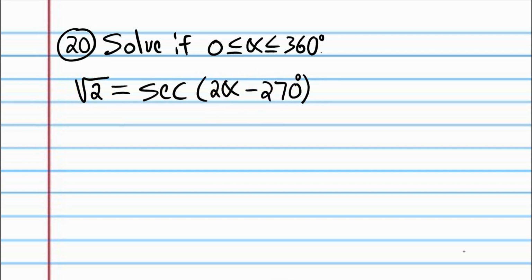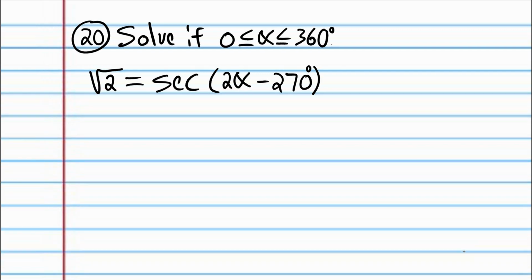So there's a possibility you may miss some solutions if you don't consider the negative angles you can plug into the secant function to give you root 2. When you look at your axes and your reference triangles, you need to go in the negative clockwise direction. So if you're not sure what we mean, go ahead and do the problem, and then we'll figure out if you missed some solutions. So try number 20. When you come back, we'll do it together.